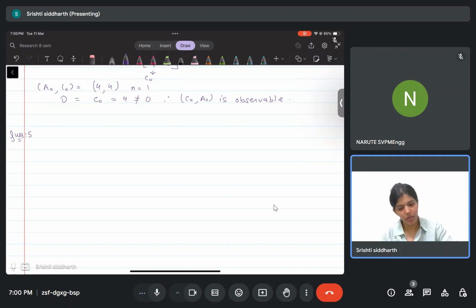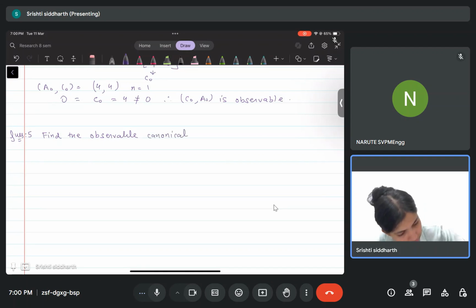So find the variable canonical form of the system described by the following transfer function.